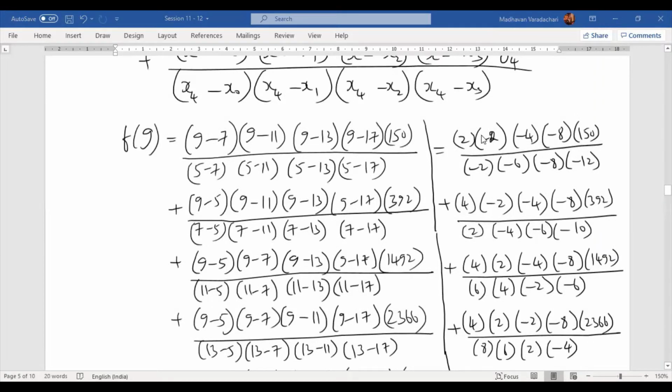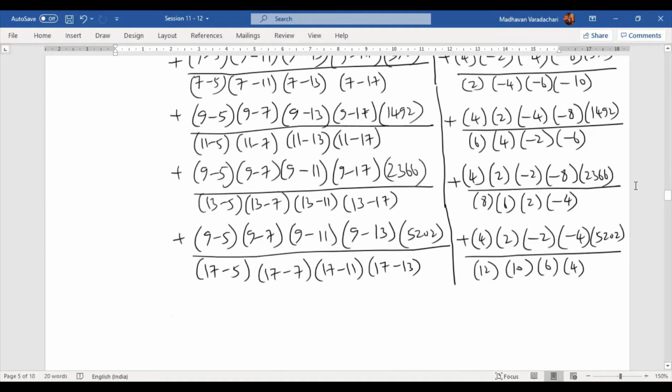So the first term, I can cancel. All are negative in the denominator, so the denominator will become positive. Let me cancel this and this, this and this. So ultimately it is negative because the denominator is positive and the numerator is negative.